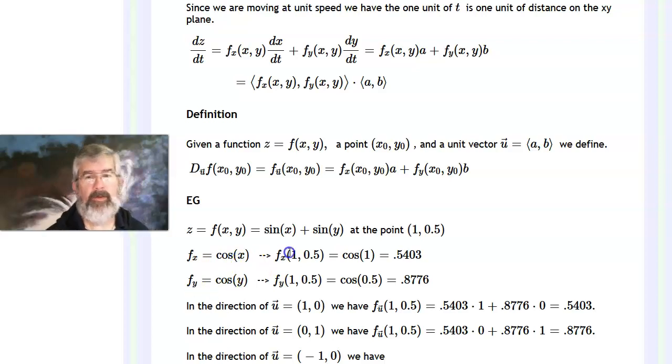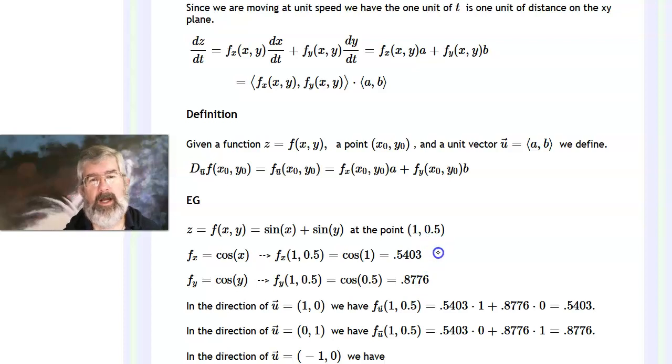If I evaluate those at the point I'm interested in, 1, 1/2, the partial with respect to x is just cosine 1, which is about 0.5403. There's, of course, infinitely many more decimal places. And f sub y at that point is cos of 1/2, and it's 0.8776.